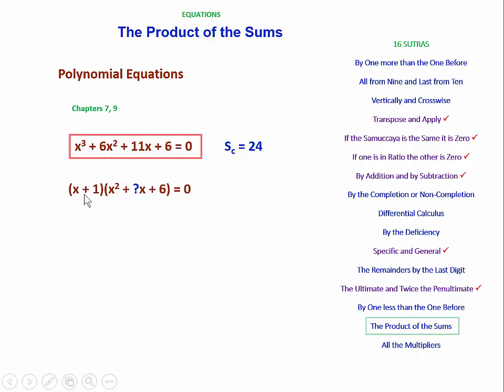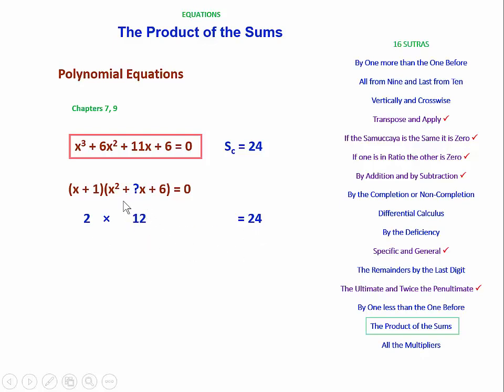And because this expression is equal to this cubic expression here, then the product of the sums of the coefficients must equal that 24. In other words, the sum of the coefficients here is 2. The sum of the coefficients here is unknown, but the sum of the coefficients here we know is 24. So 2 times something must come to 24. This must be 12.